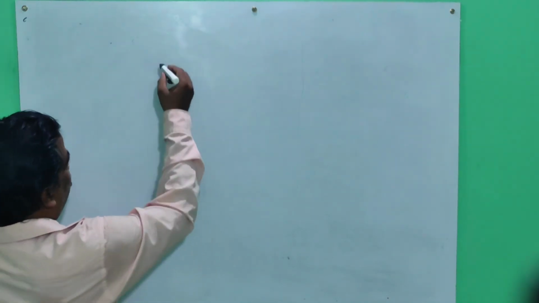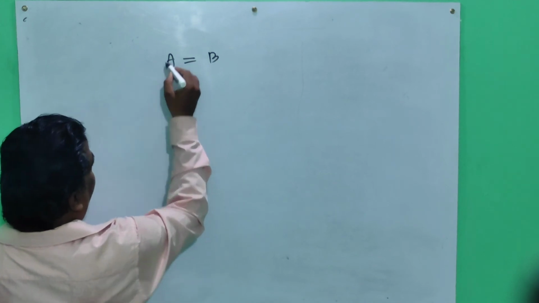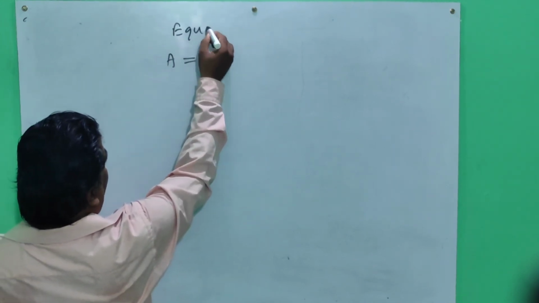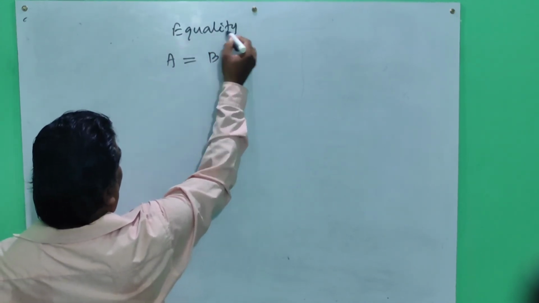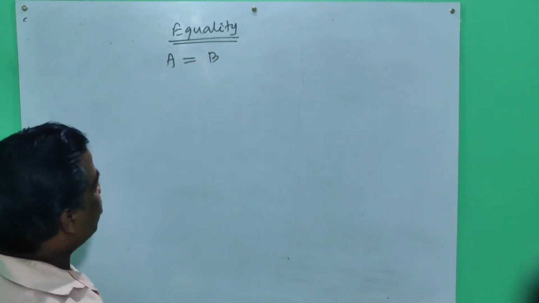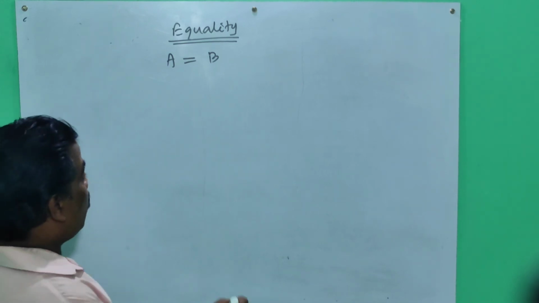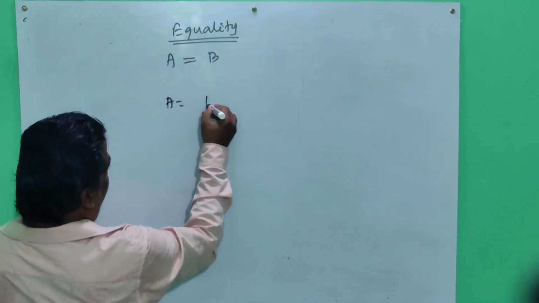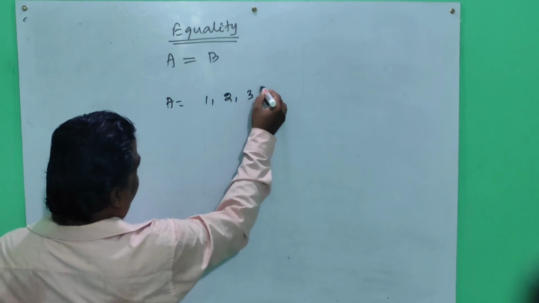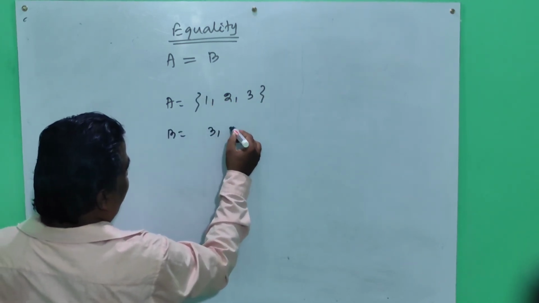Now, equality of sets: if two sets are equal, if and only if they possess the same elements. Suppose A is a set containing elements 1, 2, 3 and B is a set containing elements 3, 2, 1.